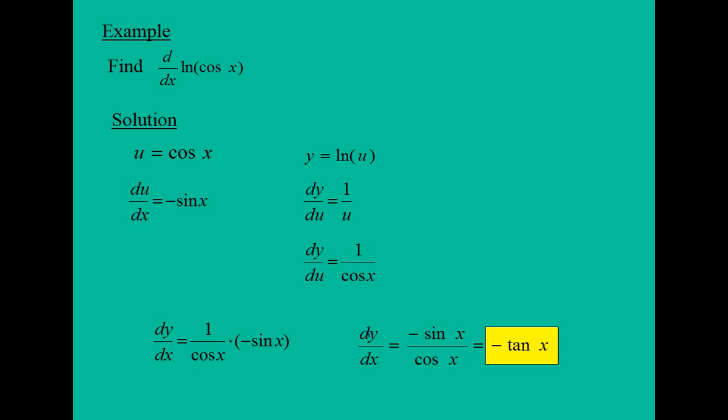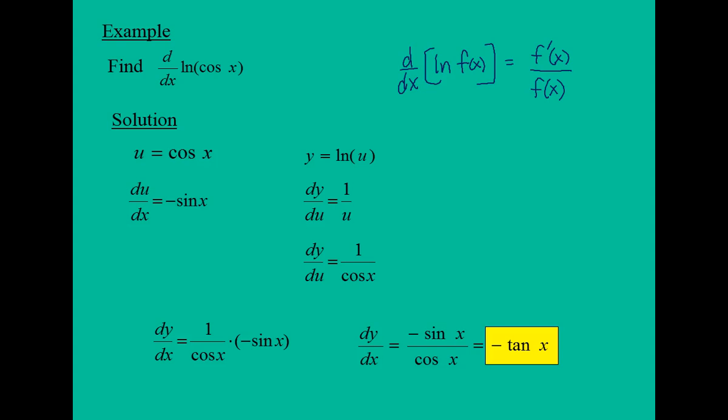You may have seen from the last two examples that when we take the derivative of a natural log and the argument is some function of x, could you generalize what that is? What have we been getting? Well, we end up with f prime of x over f of x.